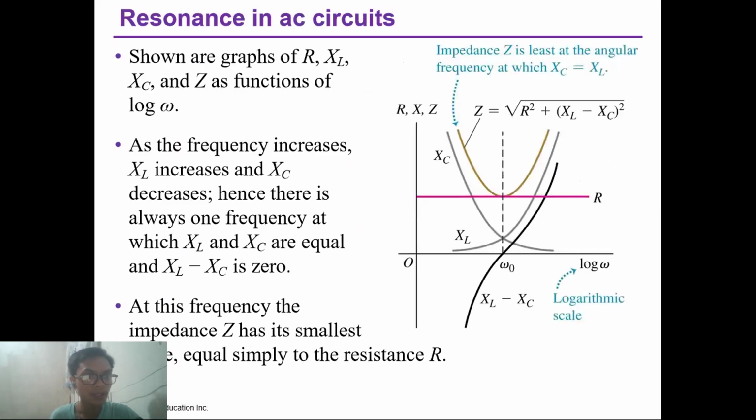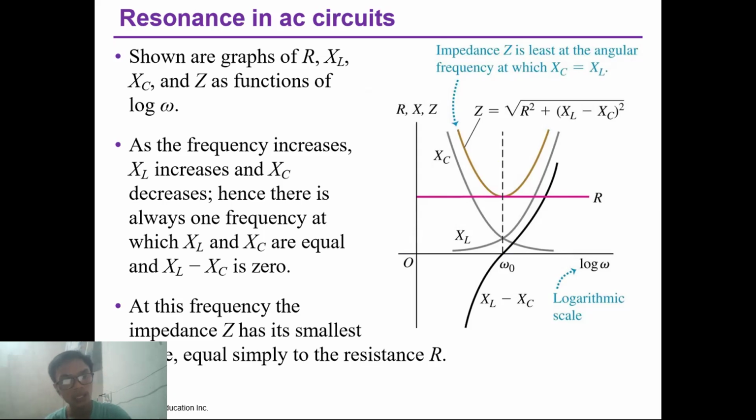So we have here resonance in alternating current circuits. Shown are graphs for the resistor, the inductor and capacitor, and the impedance as functions of the log of the angular frequency. As the frequency increases, the inductive reactance increases and the capacitive reactance decreases. Hence, there is always one frequency at which the inductive and capacitive reactances are equal, and the inductive minus the capacitive reactance is zero.